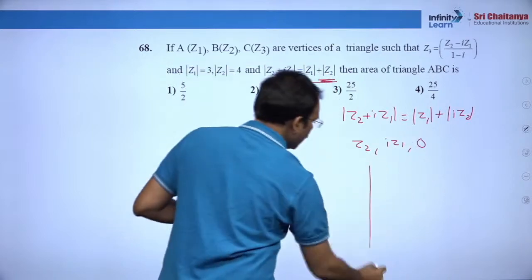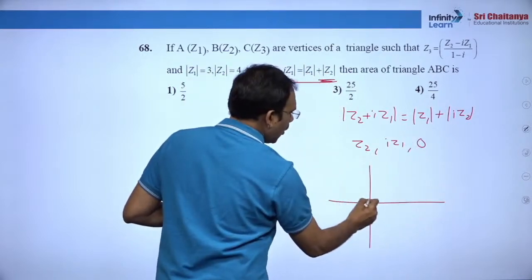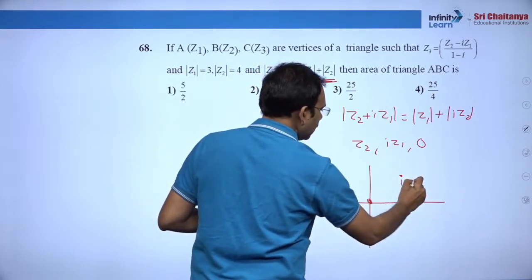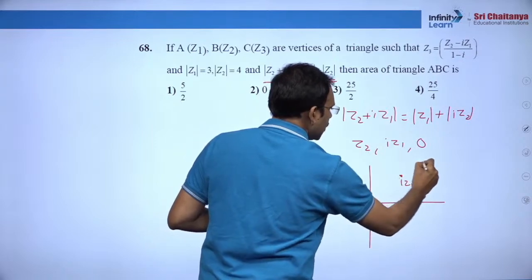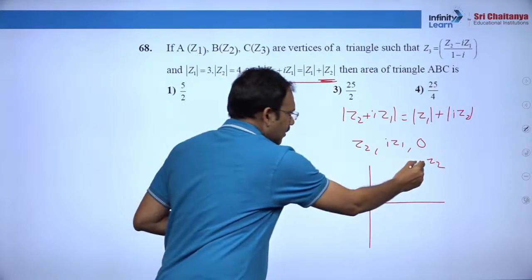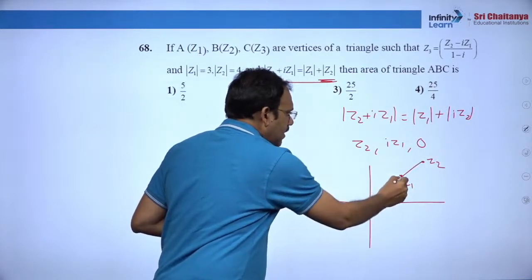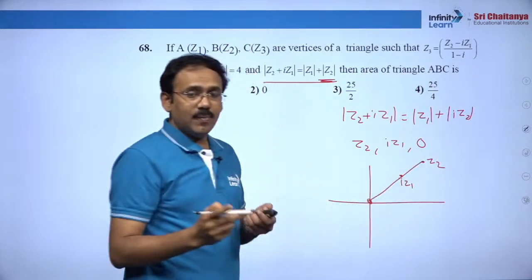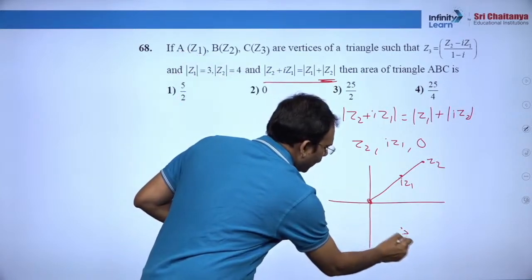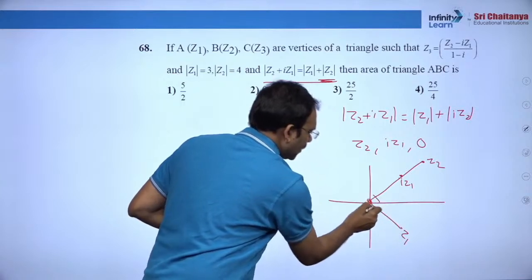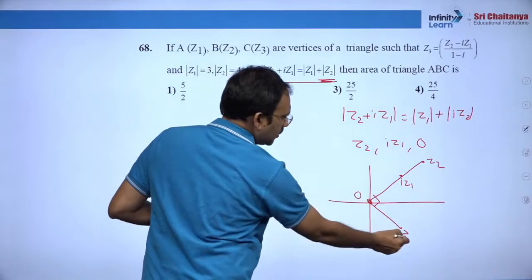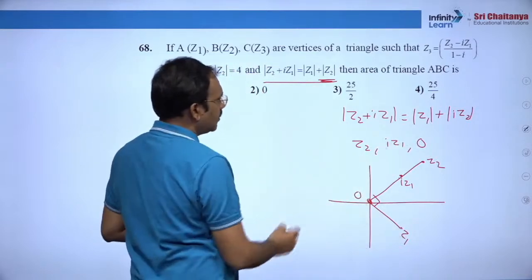That means if you take the coordinate axis, this is the origin, suppose this is i z1, this is z2, these 3 points are collinear. Generally, my dear friends, i z1 is formed by multiplying z1 with i, that means rotating 90 degrees. So somewhere z1 must be here, so that this angle is 90 degrees. So it is very clear that origin, this z1, z2, this is going to be 90 degrees.